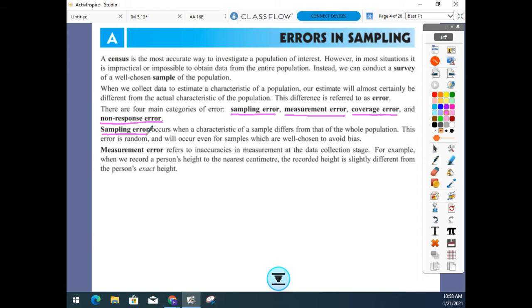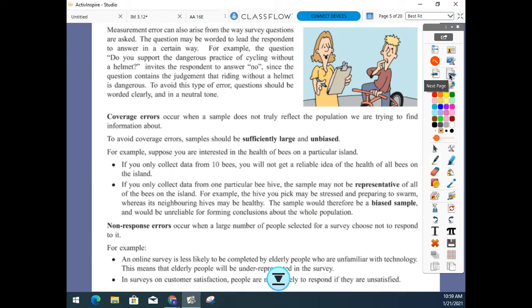Sampling error occurs when a characteristic of a sample differs from the whole population. Measurement error refers to inaccuracy in measurement. Coverage error is when the sample does not truly reflect the population.